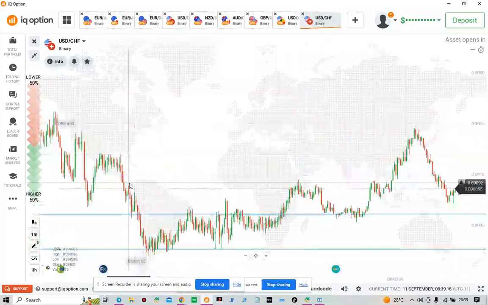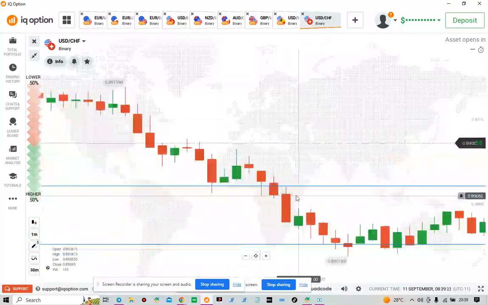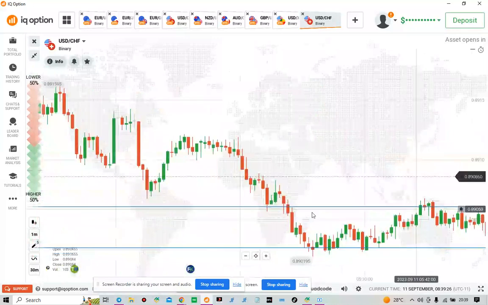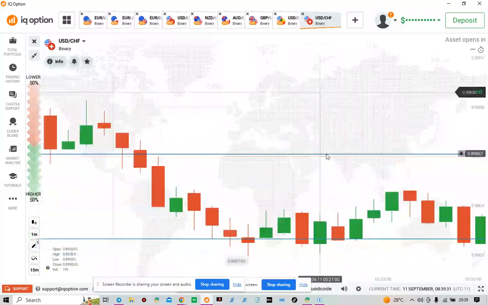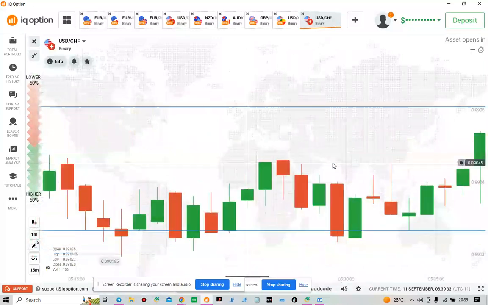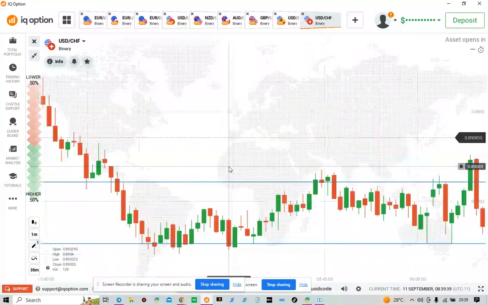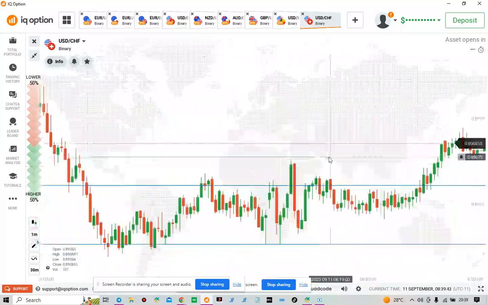Sometimes, like this, you see that this candle closed below but still did not reverse. It's because it's going to become a resistance. If the price closed below and did not reverse, wait for the price to come back again to become a resistance. So not all the time this trading strategy is going to work.